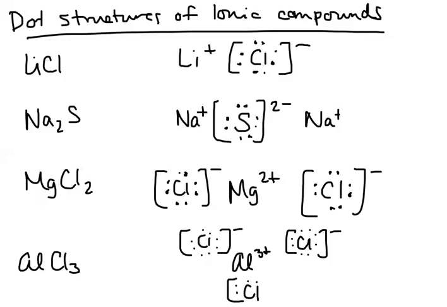You could switch these, I don't really care, but just make it clear that you're not bunching all the like charges together, okay? Just space them out around the central charge. Questions on this? You doing okay?